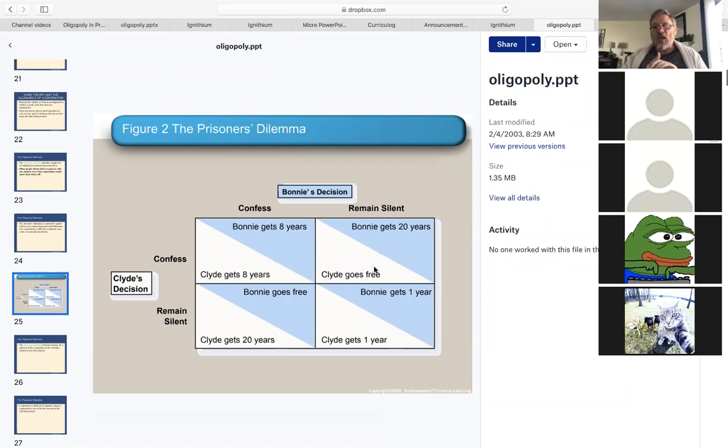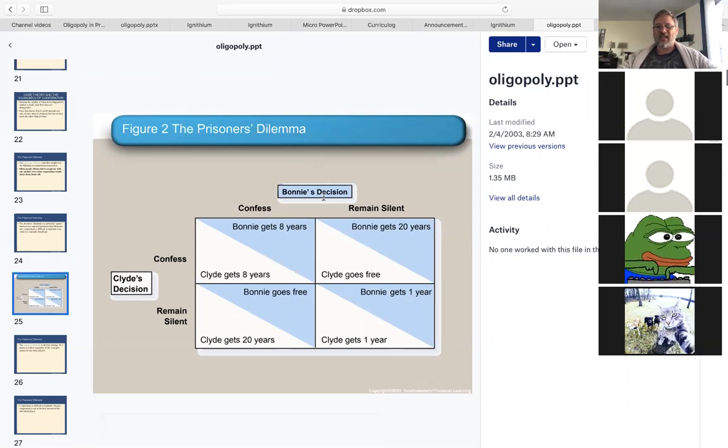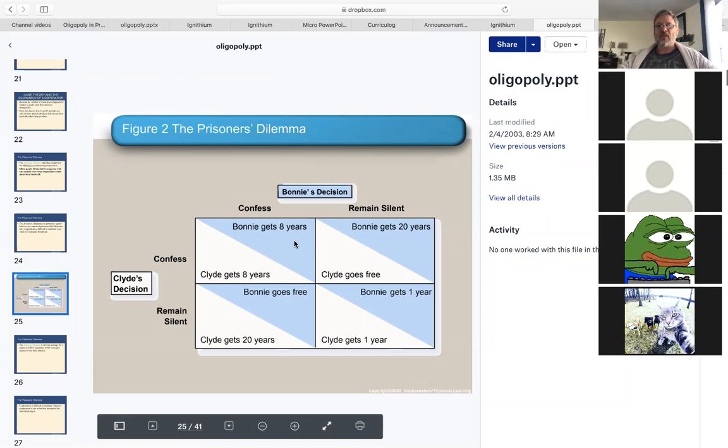Now, if we do the same thing from Bonnie's perspective, let's go ahead and walk through this one. It's symmetric, so it's going to be easy, but just to make sure we see. If Bonnie says, okay, suppose Clyde remains silent, should Bonnie choose confess or remain silent? Confess still. And likewise, if Clyde chooses confess, should Bonnie choose confess or remain silent?